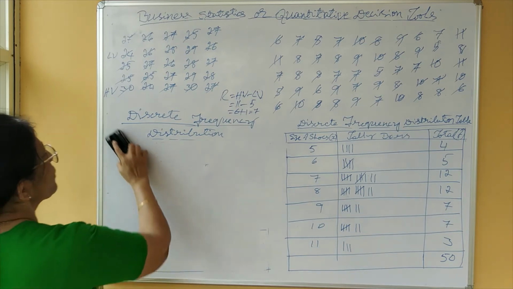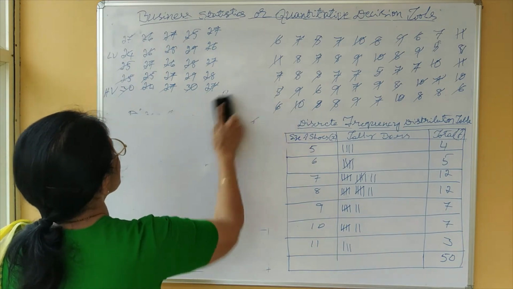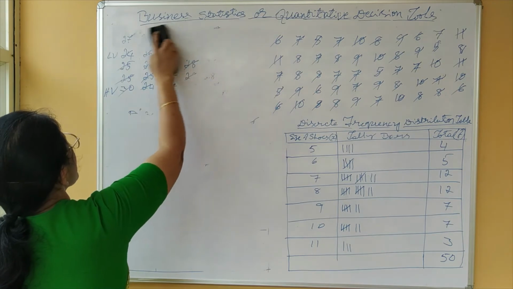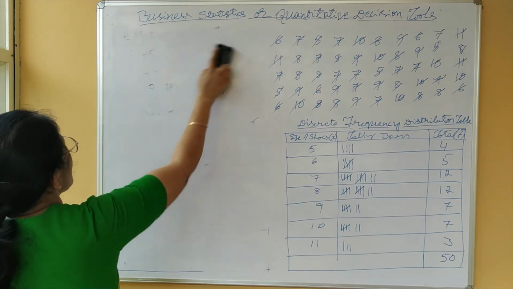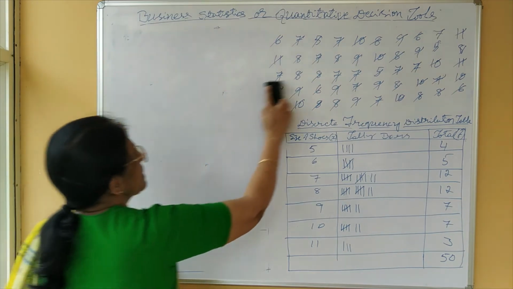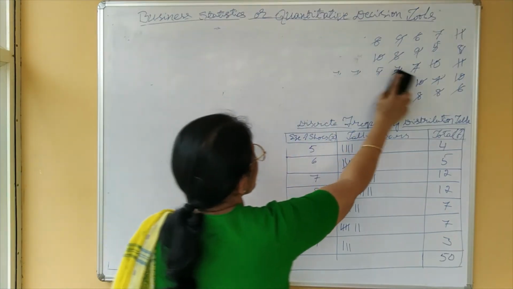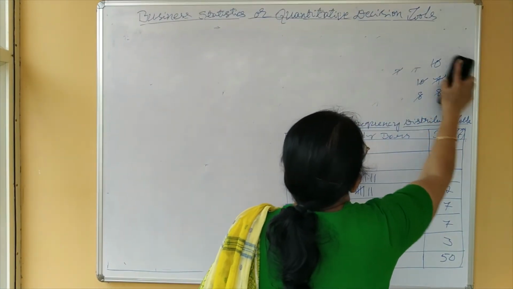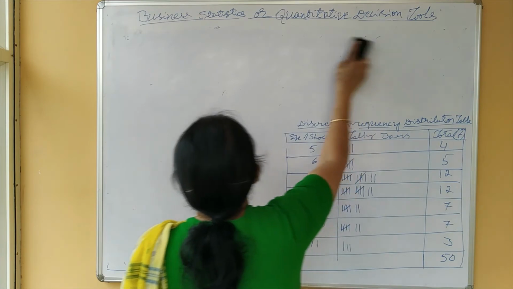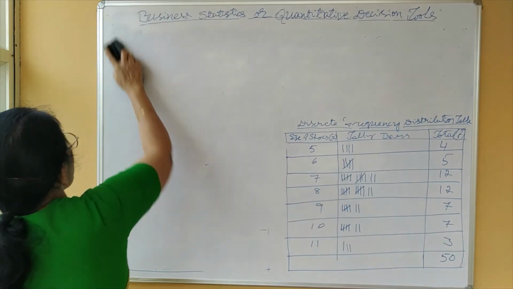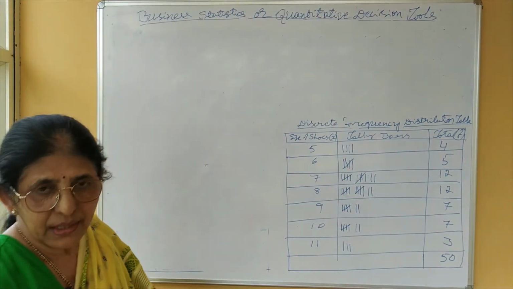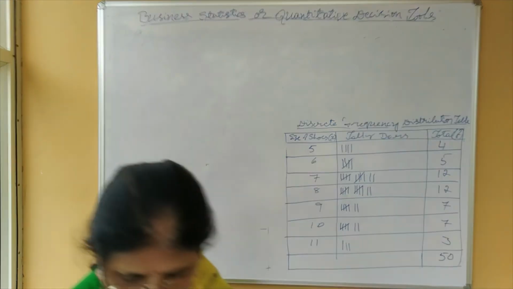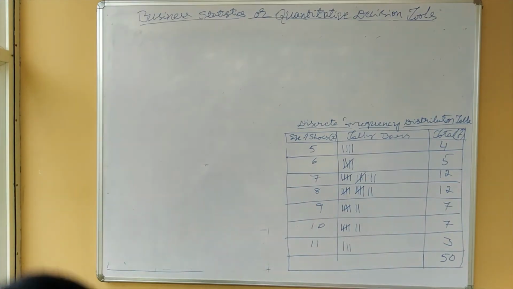But in case of bivariate frequency distribution, it incorporates different values of 2 variables. Means in the problem you will be given the data of 2 variables. For example, you may take marks in statistics and marks in mathematics.